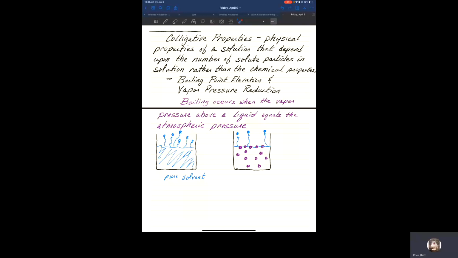I increase my vapor pressure by getting more vapor particles, all right? And the only way I can do that is if I excite more particles out of the mixture. I'm going to have to heat this mixture to a higher temperature.